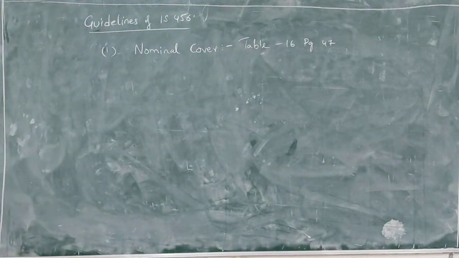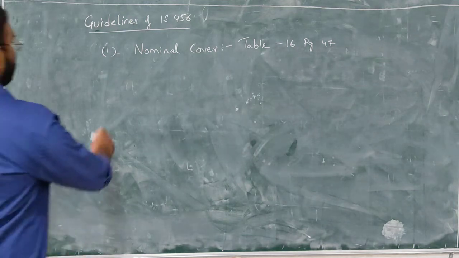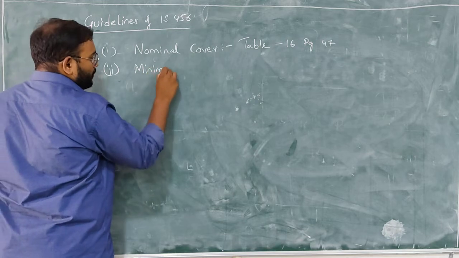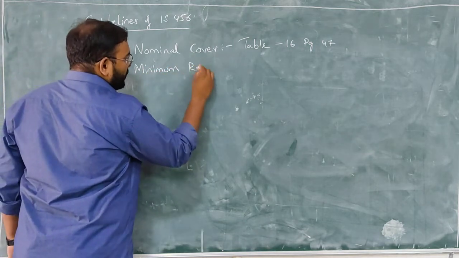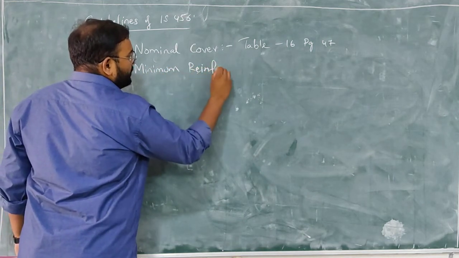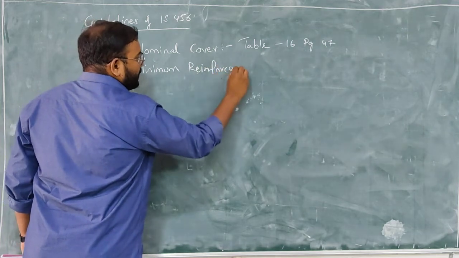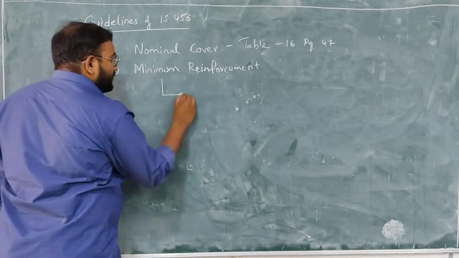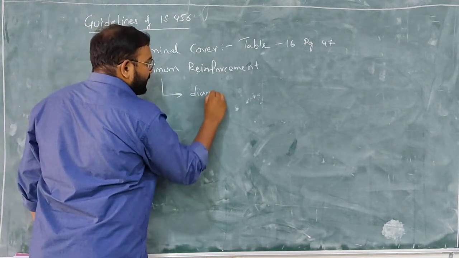Next we have minimum reinforcement. In that we have first the diameter.